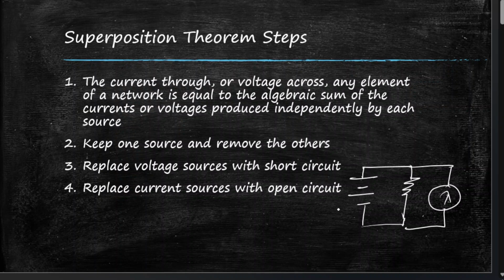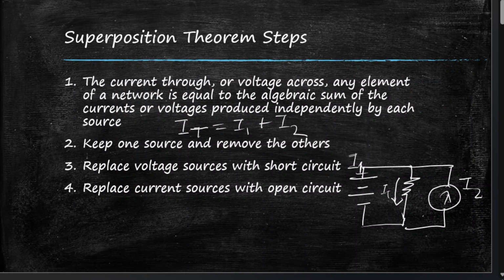So here we have two sources. Now what this statement is saying is that if the current produced by this voltage source independently is I1, and the current produced by this current source independently is I2, then the total current that will flow through this load, which will be IT, can be calculated as IT is equal to I1 plus I2.